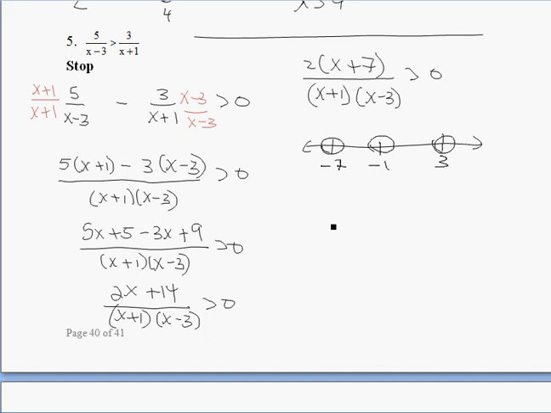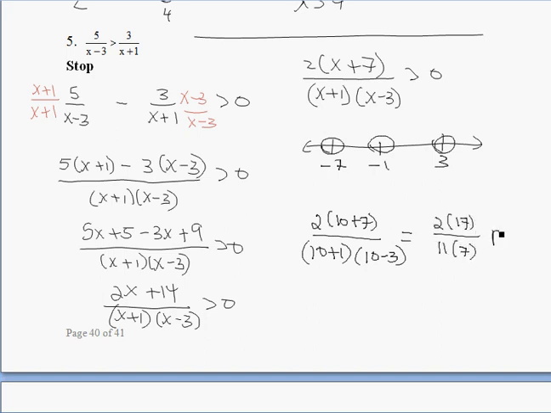Let's choose 10. So we get 2 times 10 plus 7 all over 10 plus 1, 10 minus 3, which is equal to 2 times 17 over 11 times 7, which is positive. Since all three terms are of odd multiplicity, this sign is going to change at each value. So we start off positive, negative, positive, negative.